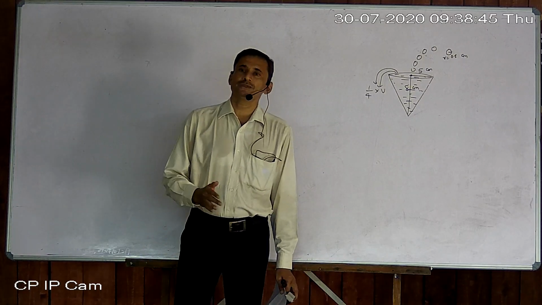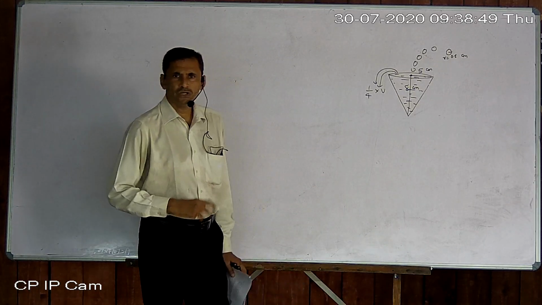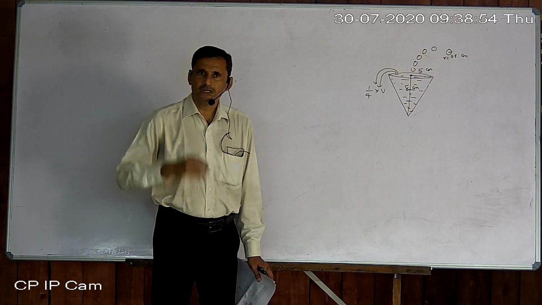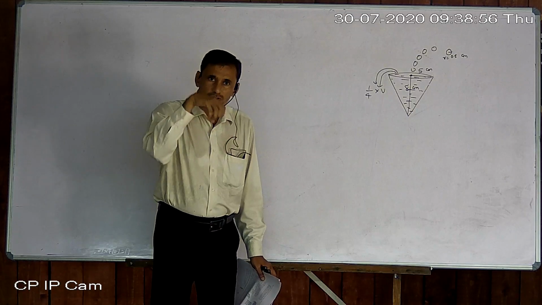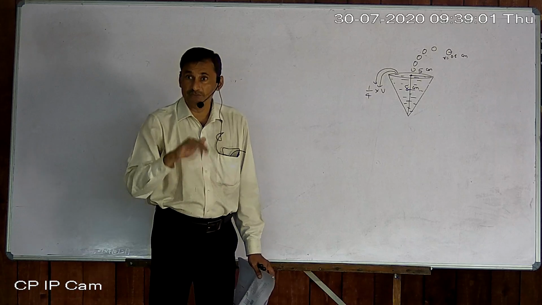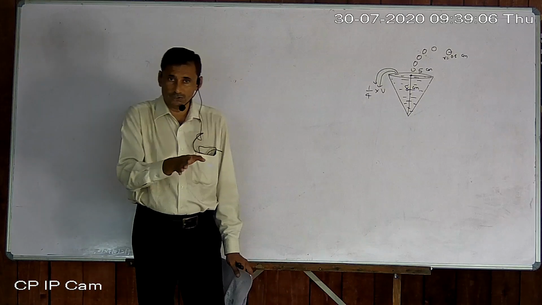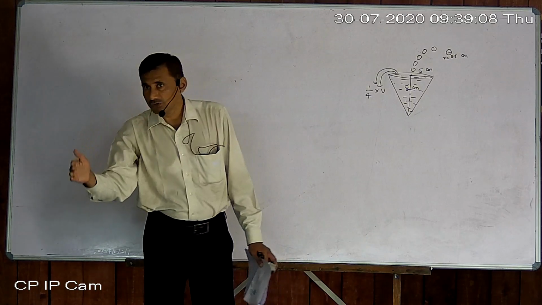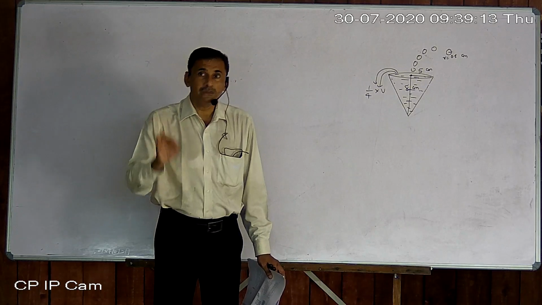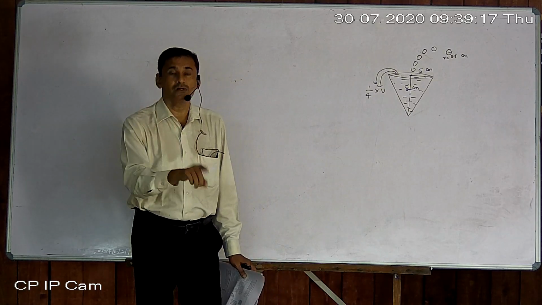Not possible directly, because it has an irregular shape. So what can you do? You take one measuring cylinder, completely fill it, and slowly put that stone inside. Water equal to the stone's volume flows out. Now measure that water. That is equal to the volume of that irregular shaped stone.